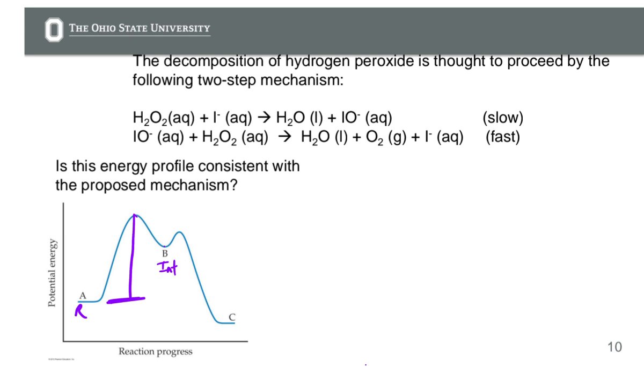If we go from the intermediates, the activation energy is much smaller. And so when we have a large activation energy, that means that the rate is slow. So this sort of diagram would be consistent with a slow initial step and a fast second step.